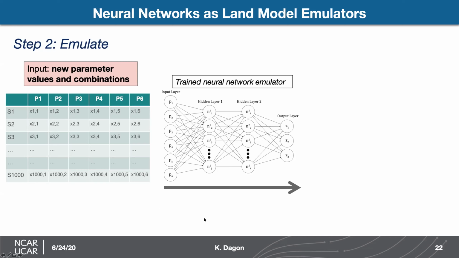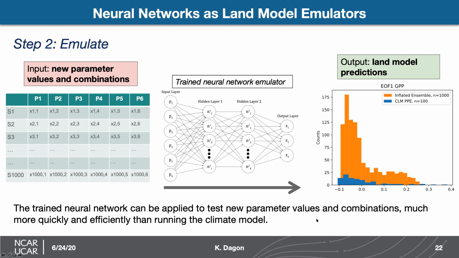This is so fast that we can run them through our trained emulator and, much faster than running the full model, produce predictions. Here I'm comparing the original ensemble in blue and the predictions in orange. You can see that we're able to capture both the magnitude of this distribution and its shape. So that was a really good test for us.